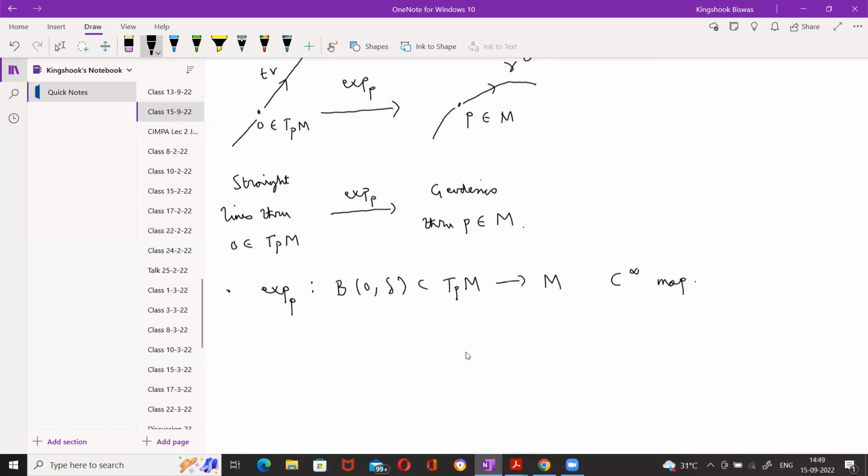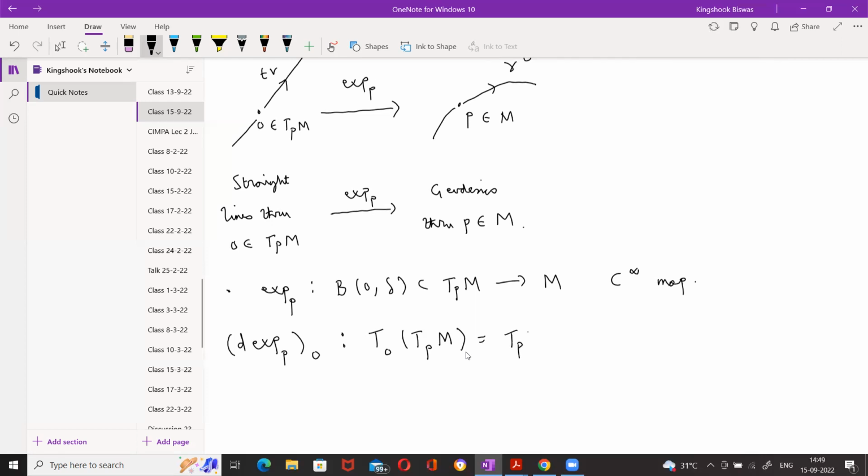So we can look at its derivative at the origin, dX_P at 0. Where does this go from? This goes from the tangent space at the origin to T_P M. Now, T_P M is a vector space, so the tangent space at any point of a vector space is naturally identified with the vector space itself.